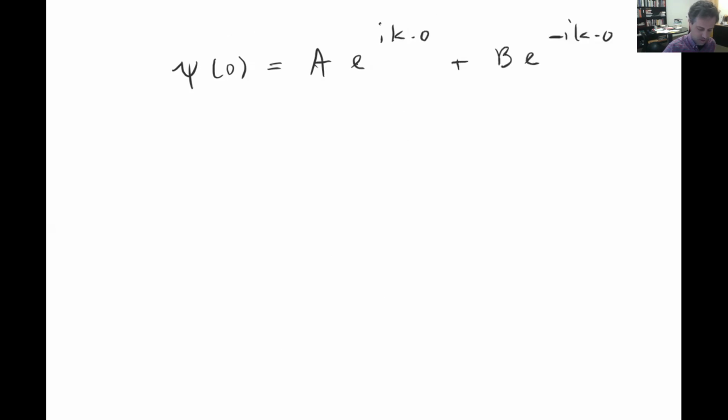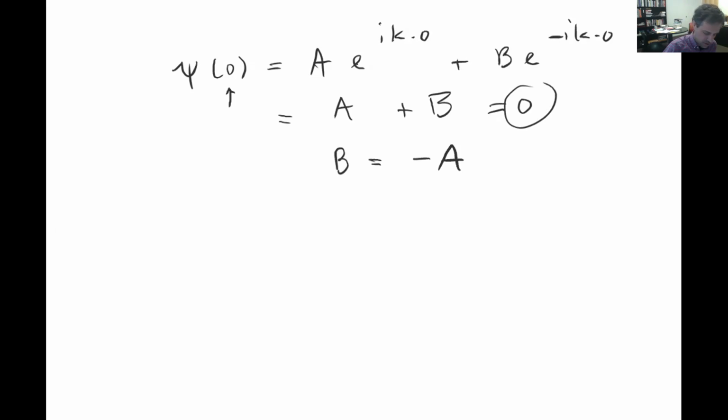That is not so hard, because the complex exponent with the argument 0 is going to be 1, and the same for the other one. So I get A plus B equals 0. It must be 0 because at location x equals 0, the amplitude of the wave function must be 0. That means I'm constraining the relation between A and B: B is equal to minus A.